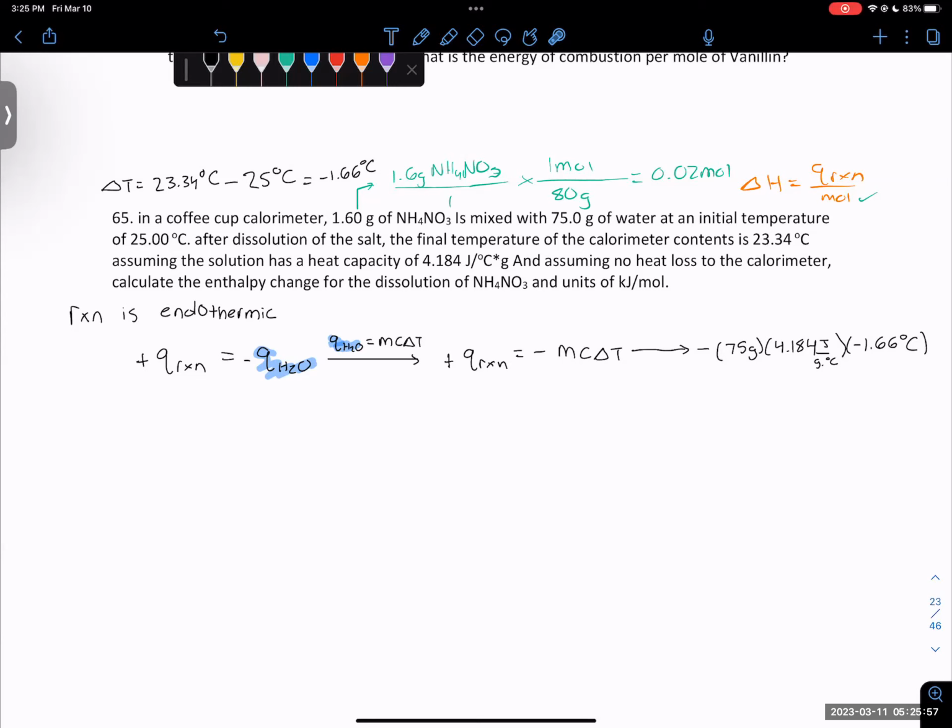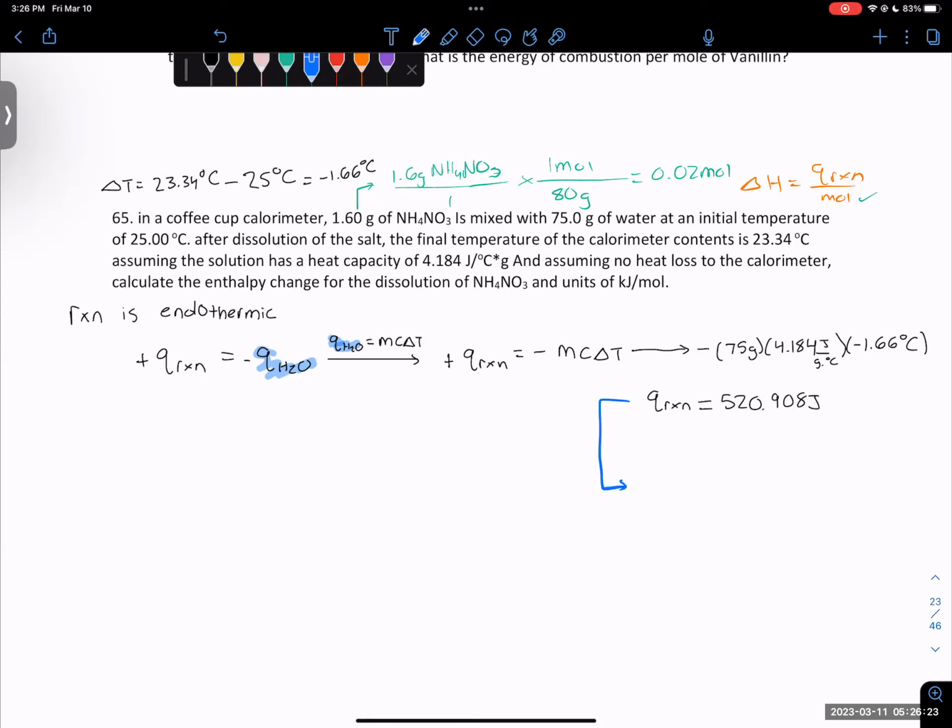So our final number for a Q of reaction should be a positive number. And those two negatives canceling out give us that, so that's good. When we put that into our calculator, we get our Q of reaction is equal to 520.908 joules. All right, good.